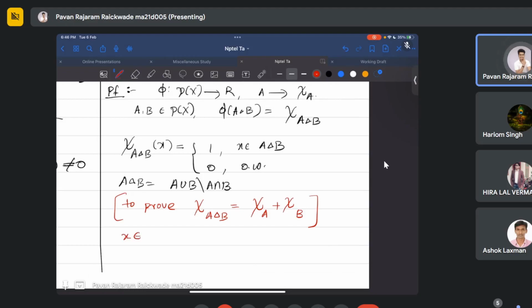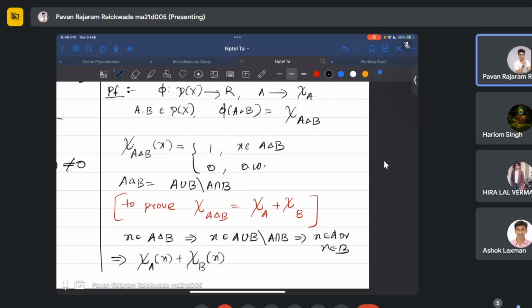So if I take an element x belonging to A symmetric difference B, which implies x belongs to A union B minus A intersection B, which means x is either in A or x is in B. Which implies chi A at x plus chi B at x is 1, because it is in A or in B, but not in both, since you are subtracting the intersection.